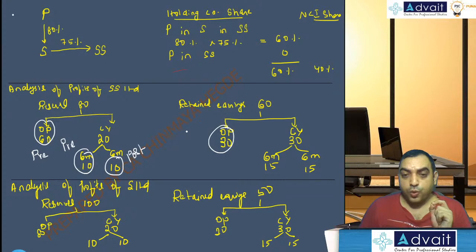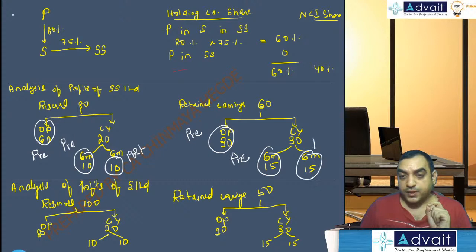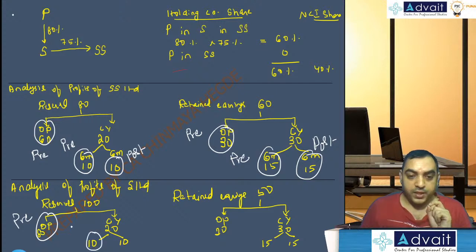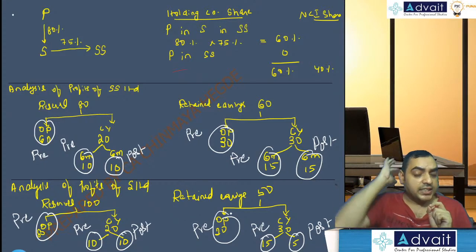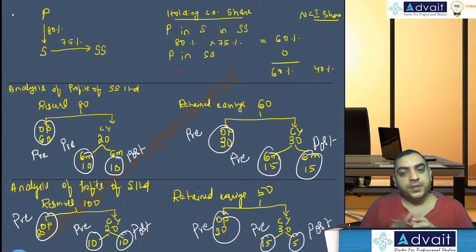Similarly for retained earnings, opening balance is pre, first 6 months is pre and second 6 months is post. So this is the analysis of profits relating to the subsidiary company as well as the sub-subsidiary company, dividing the profits on a number of months basis.